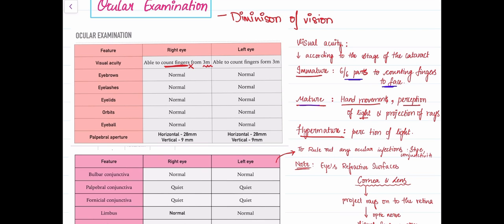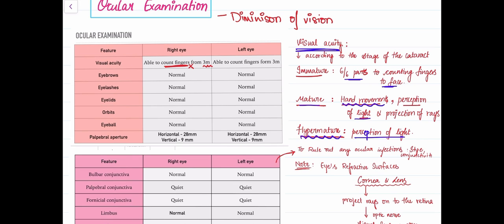If it's a mature cataract, the patient won't be able to count fingers, but he can perceive hand movements and light and even projection of rays. But if it's hypermature, that is advanced cataract, then there's only perception of light. So this is how we can differentiate types of cataract based on visual acuity.